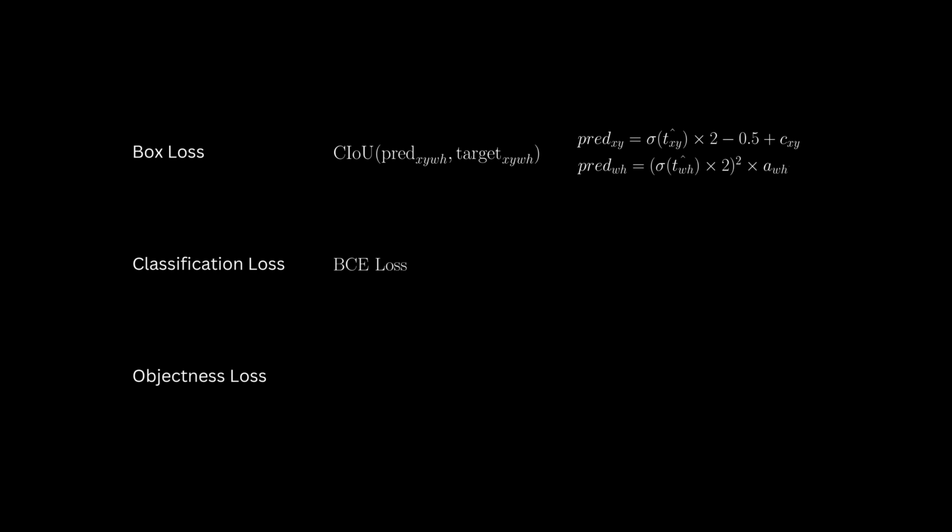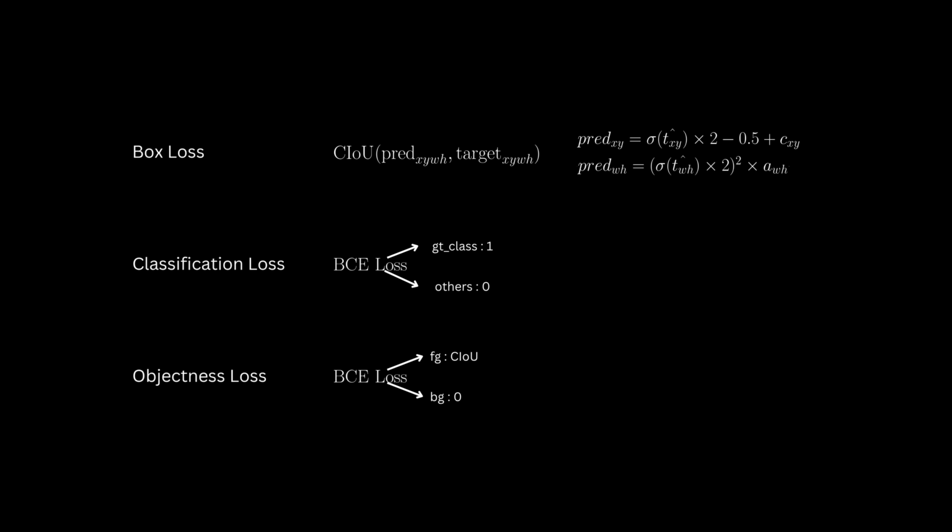Classification loss is binary cross entropy with ground truth class target as 1 and rest as 0. Objectness loss is also BCE, but for foreground boxes, the target of objectness loss is the complete IOU between predicted and target box. And of course it's 0 for background boxes.